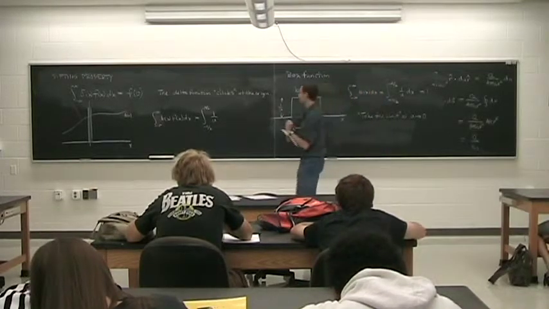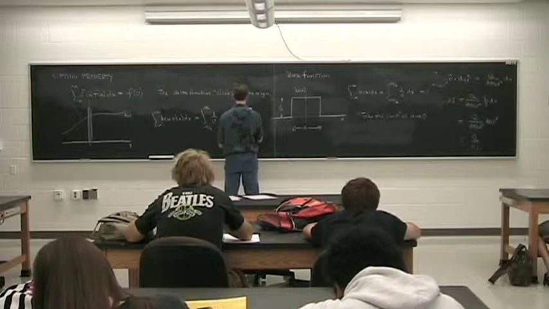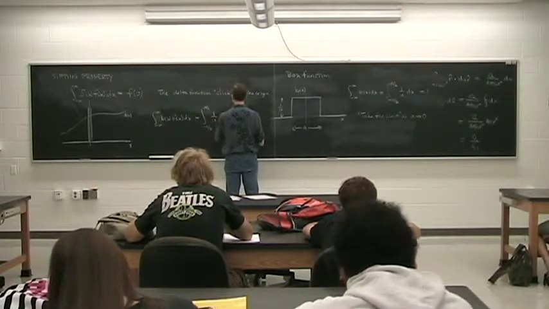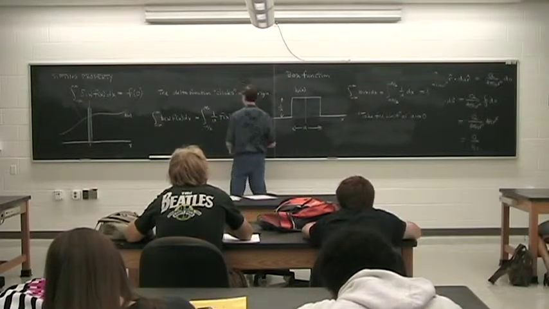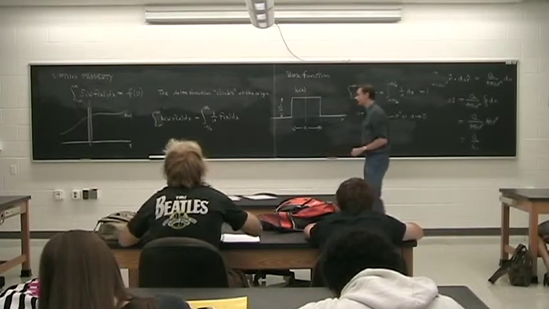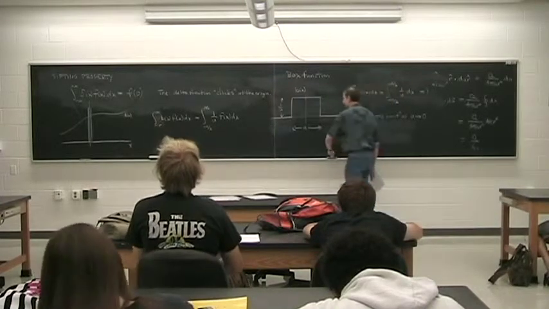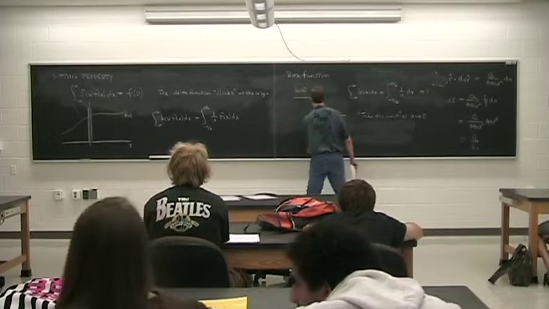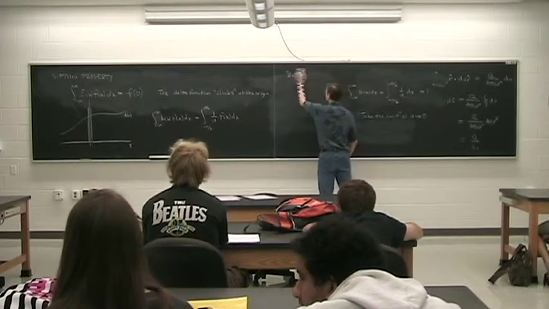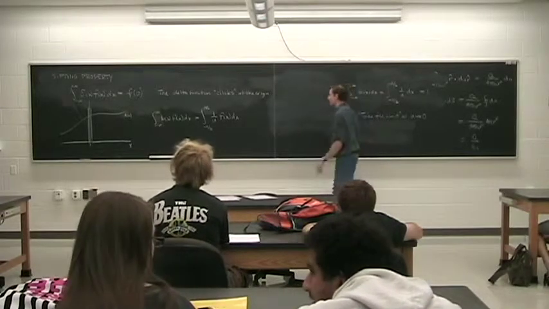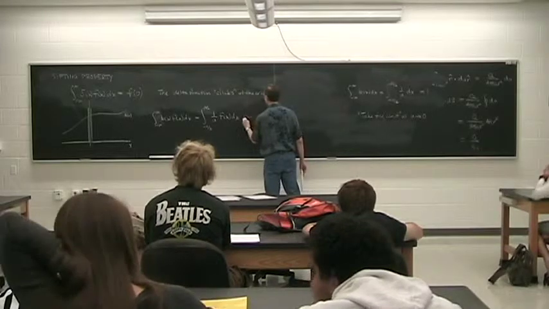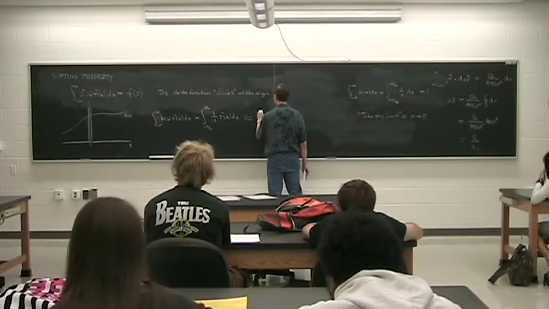It's a wide and 1 over a tall. So it's the integral of 1 over a f of x dx. But if a is small, then f of x is very nearly constant over the interval where the box function does not vanish. And so we can pull that very nearly constant value out.